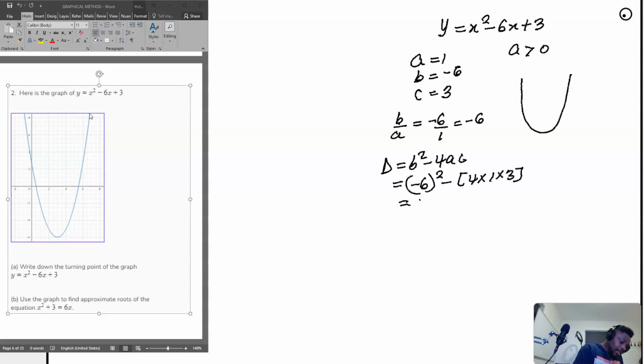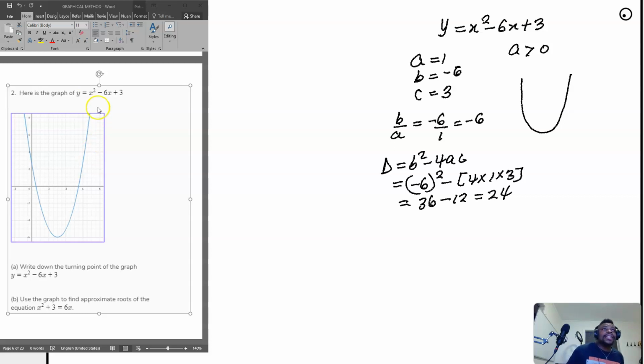So this is 36 minus 12, and this is 24. When your discriminant is greater than 0, it simply means that the roots are real and they are cutting your x-axis. They are real and they are different.